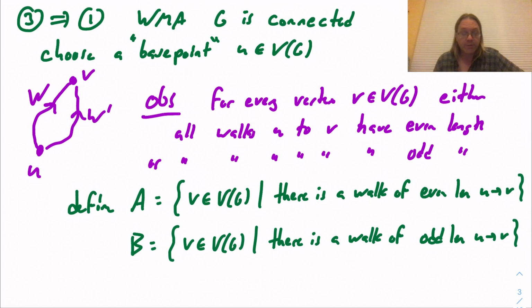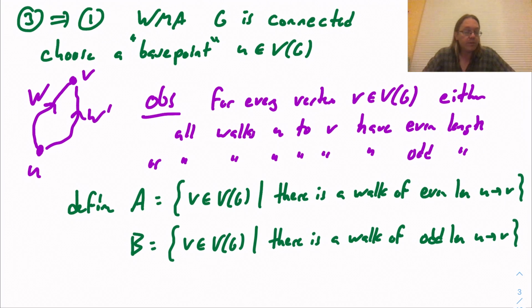Now, our observation here is telling us that A intersect B is empty, right? You do not have a vertex with the feature that there exists both a walk of even length from U to V and a walk of odd length from U to V. A union B is going to be everything, right?